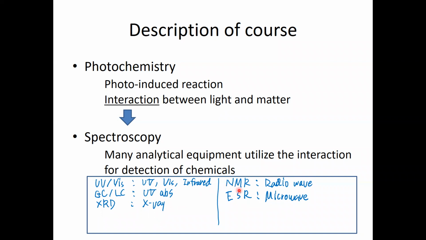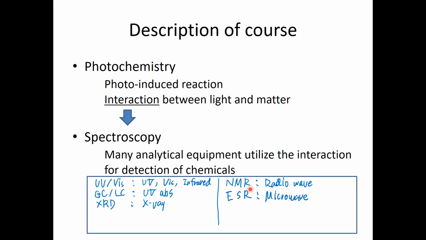And also NMR, which is very frequently used in the chemistry field to determine the molecular structure. In this case, nuclear spin is split by a magnet, and then two energy levels are formed.